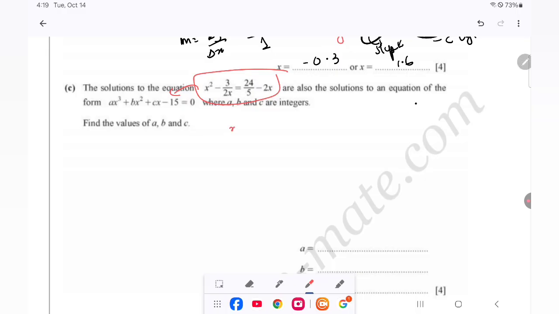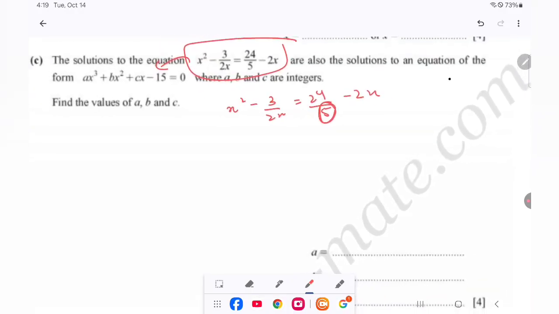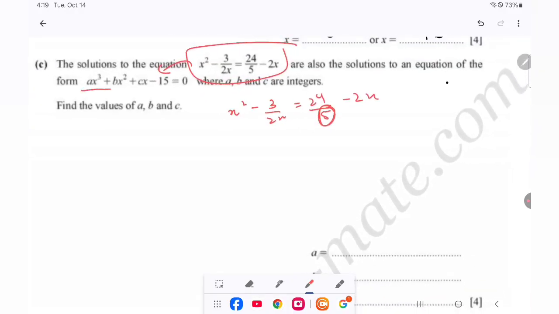x square minus 3 over 2x is equal to 24 over 5 minus 2x. Multiply both sides by 5 to cancel this 5 and make it a linear equation, simple quadratic equation, but by solving it further, it will become a cubic equation in the form of this.